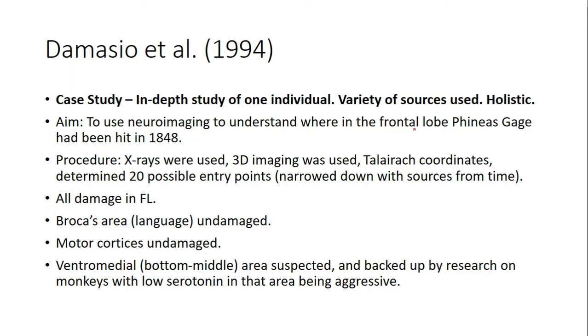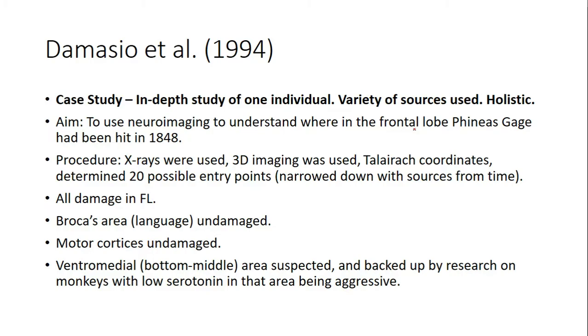If the tamping rod went through the cerebellum, you'd just fall over and probably not be able to use your motor coordination anymore. I would be surprised if it went through the cerebellum and didn't go through the limbic system, because the limbic system is really important. Anyway, that's aside from the point. The point is that if Phineas Gage was hit through the frontal lobe in a specific place, that place might have significance for decision making and personality. So that's why they wanted to understand where he was hit.